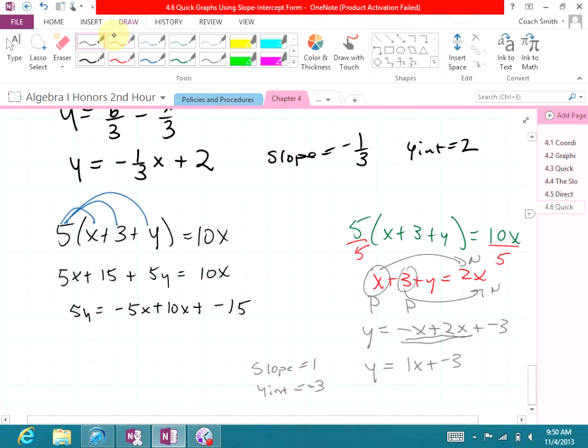Then you have to divide everything by 5, and that gives you y equals negative 1x plus 2x plus negative 3.